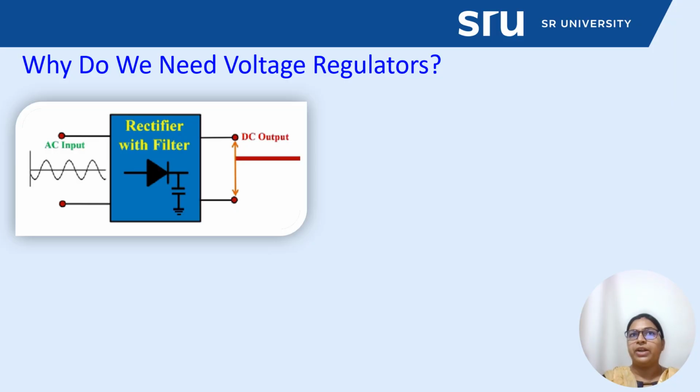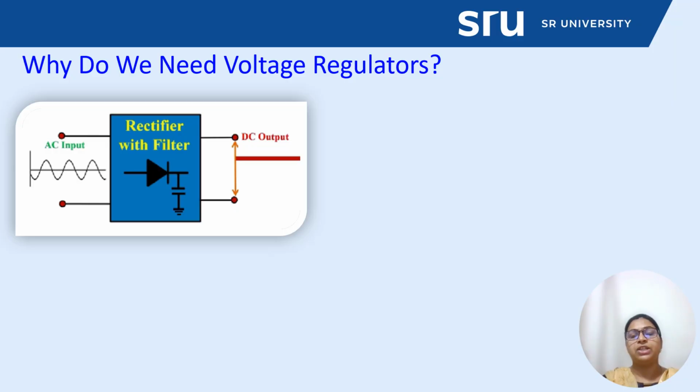Any electronic device, whether it is your smartphone, laptop, or any small sensor in a smart home system, needs a constant and precise voltage to function properly, right? If the voltage goes too high, the component can overheat, malfunction, or even get permanently damaged.